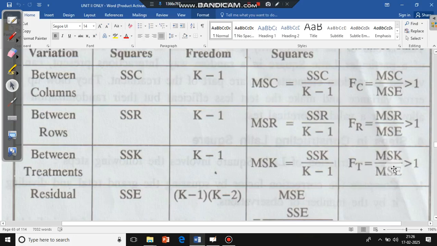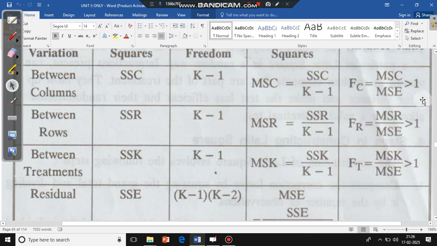So that is the way we can calculate, and we will get the calculated value and table value. We can get the calculated row wise and table value row wise. We can get the calculated value for treatment wise and the table value for treatment wise.